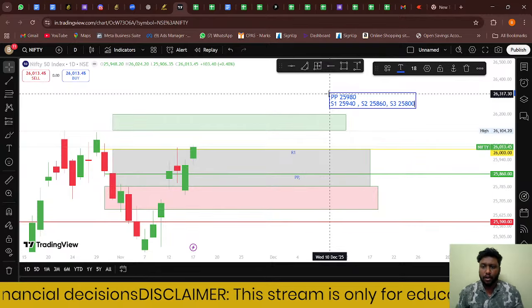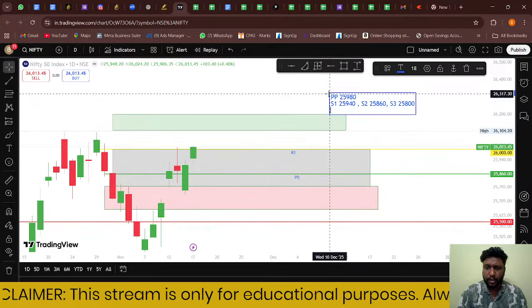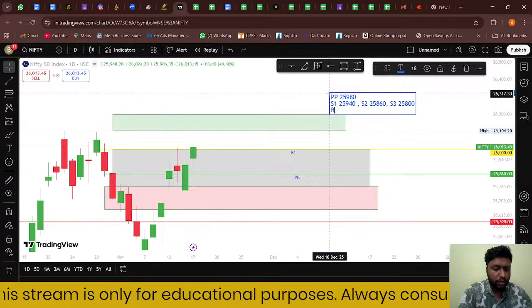So everything is pretty close. You have to keep in mind for the day that the zones are kind of close today.